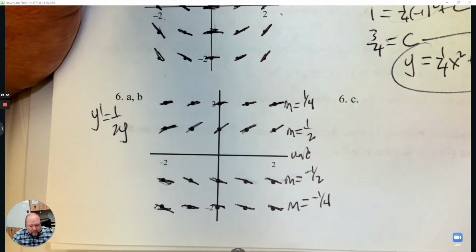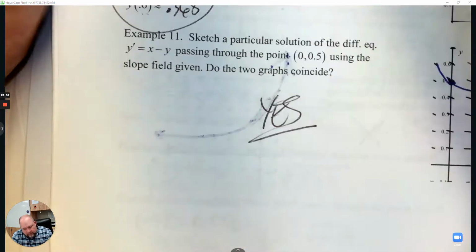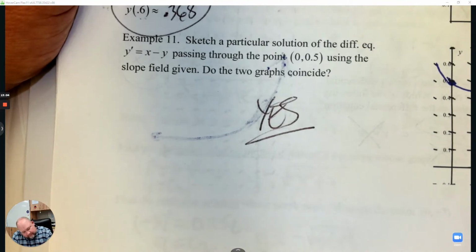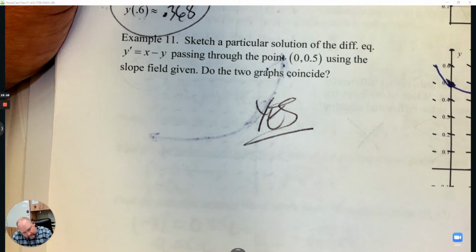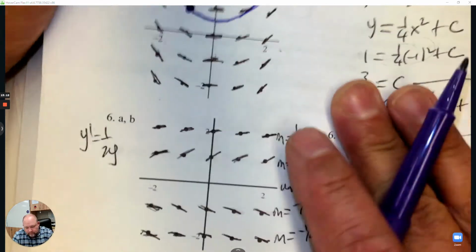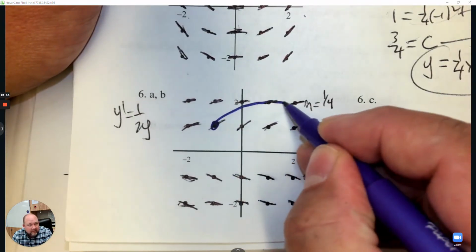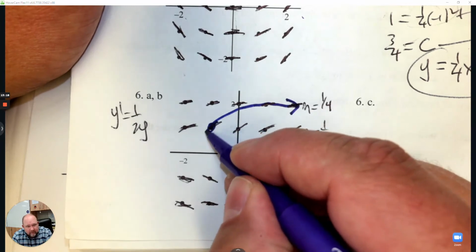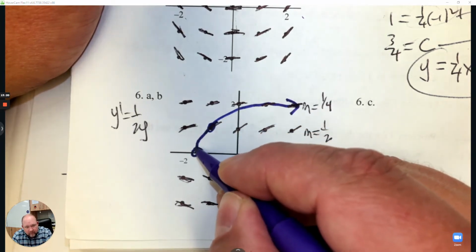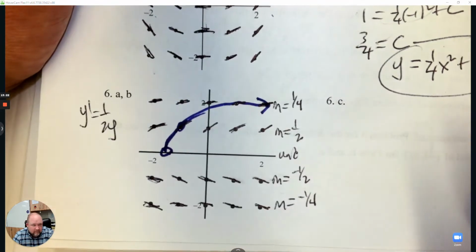And then it says draw the solution through negative 1, 1. And then you can see what's happening here, and then you can see what's happening here. It almost looks like a square root. So you can see that in terms of it.